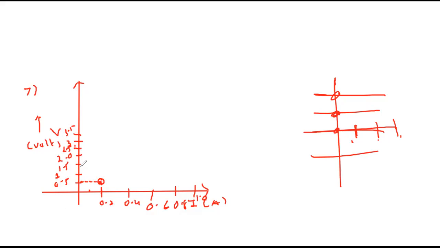Potential difference 1, current is 0.4. Potential difference 1.5 and current is 0.6. Potential difference 2 and current is 0.8. 2.5 and 1.